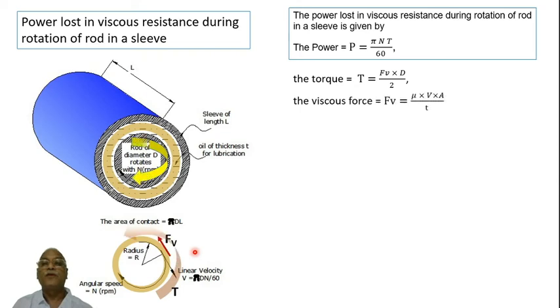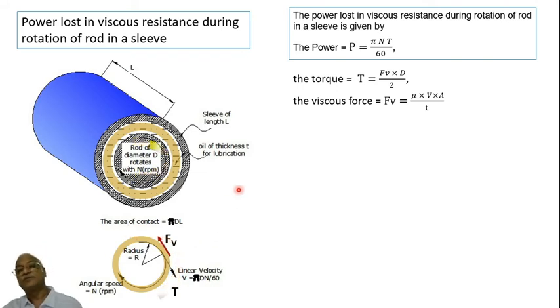Now the viscous force Fv itself is given by, again, stress multiplied by area. The shear stress is given by mu into du by dy, or mu into v by t. v is the velocity of this, and t is the thickness of the oil film.